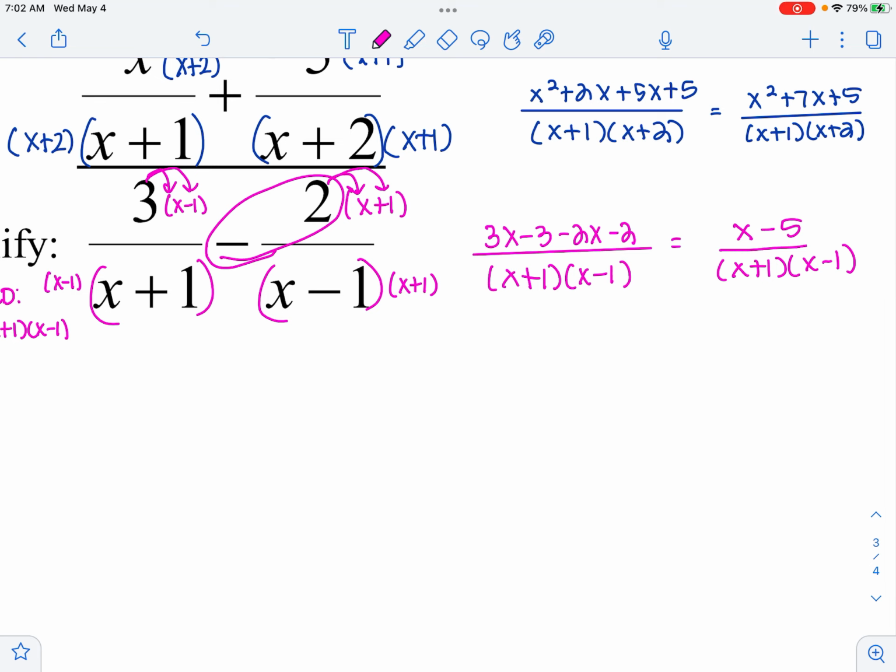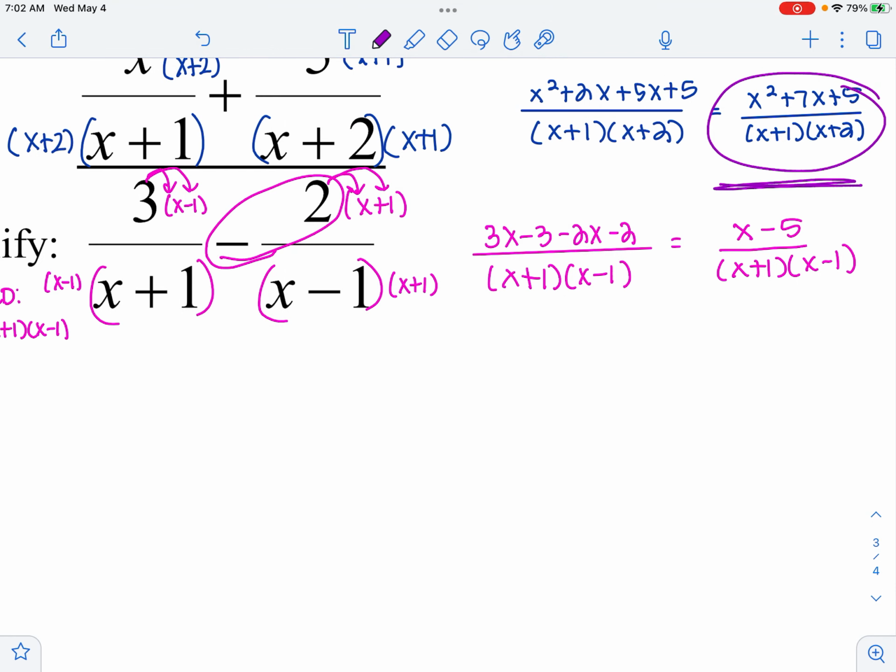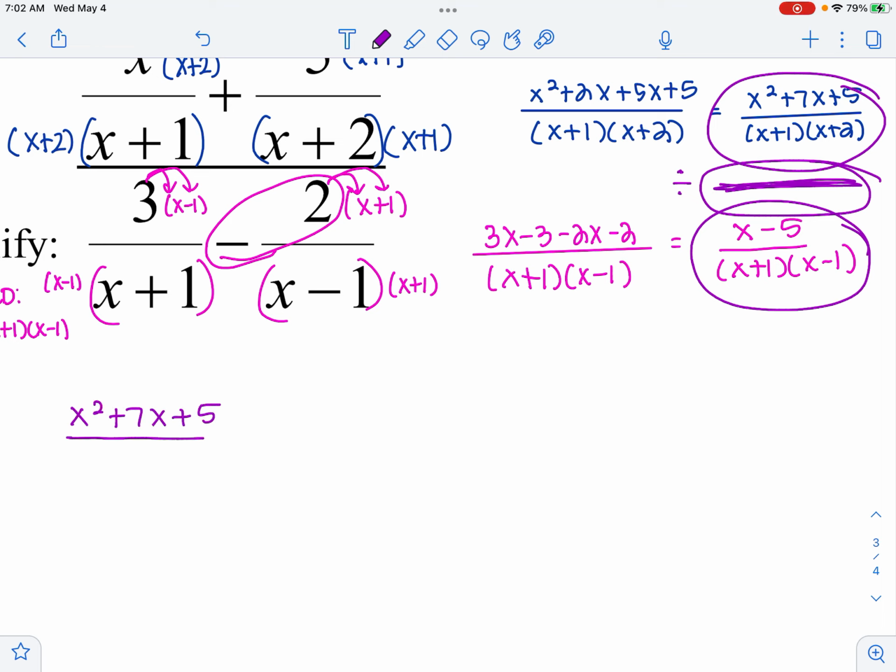All right, so now remember, this was this fraction divided by this fraction. Now for this divided by right here, I'm going to write it as divided by instead. So I have x squared plus 7x plus 5 over x plus 1 times x plus 2 divided by this fraction, x minus 5 over x plus 1 times x minus 1.